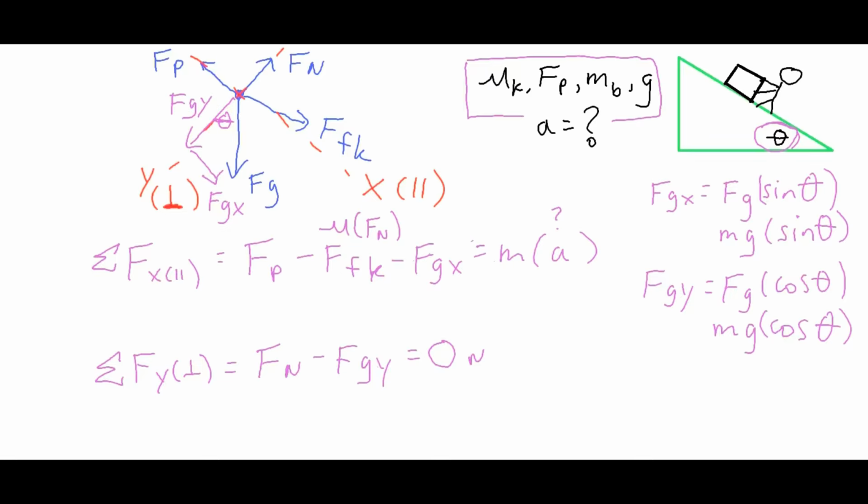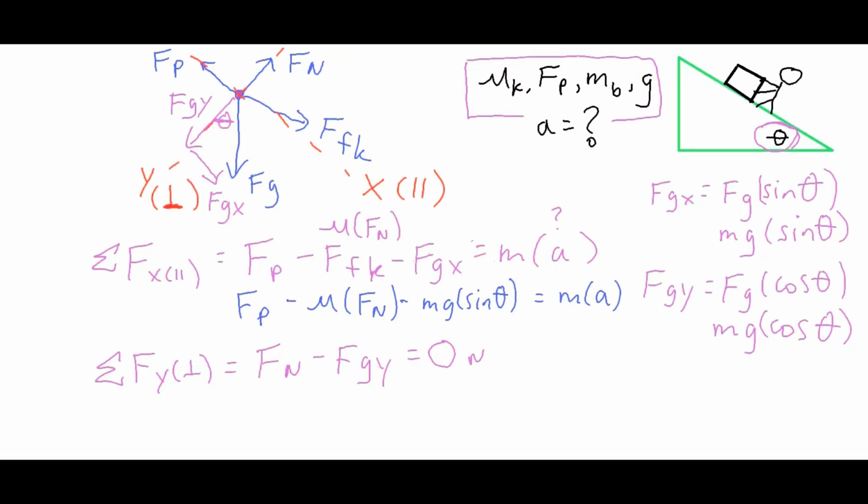So we can write our FP as it is, because that's one of the terms they allowed us to use. We can write our Fgx now as mg sine theta. Over here, we still want to keep this ma as it is, and then this side, we want it to be mu times normal force.